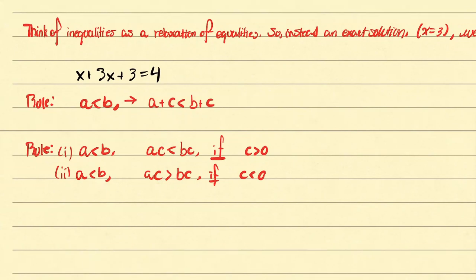So if I am doing algebra with an inequality and at any point I'm required to multiply by a negative number or divide by a negative number, which technically is the same thing as multiplying by a negative number, I need to just flip the inequality. And that's really all the algebra that we need in order to solve inequalities. Maybe I'll put this as A. So these are rules worth remembering, mainly because you'll be using them a lot. So let's try it.